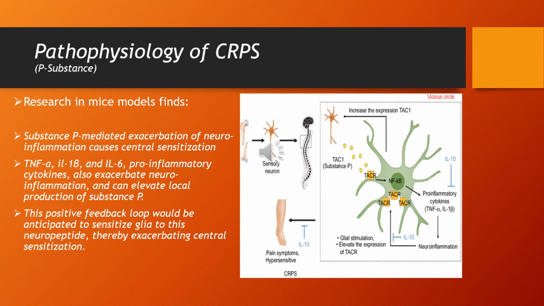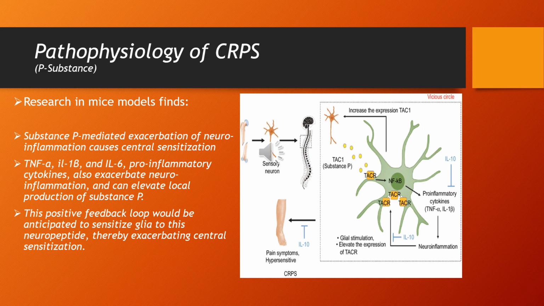To review, central sensitization is a hypersensitivity to stimuli from things that are not typically painful. Now, the actions of substance P are mainly mediated by the neurokinin 1 receptor, encoded by the tachykinin receptor 1 gene.